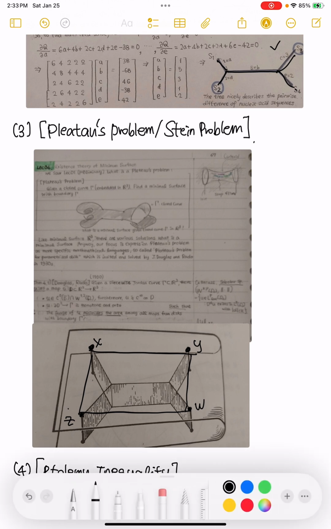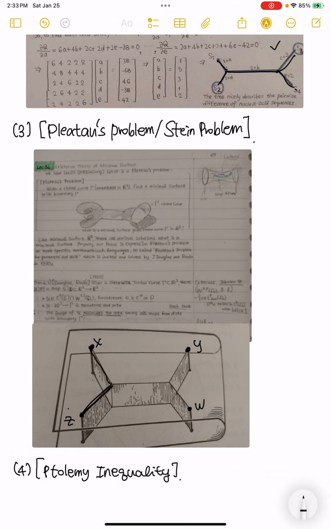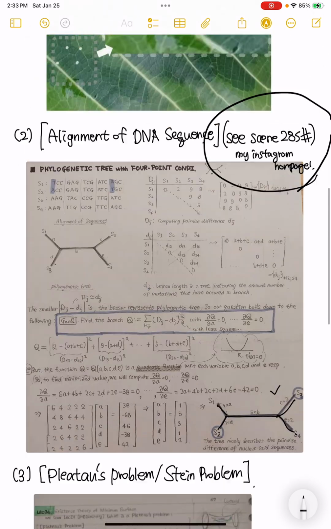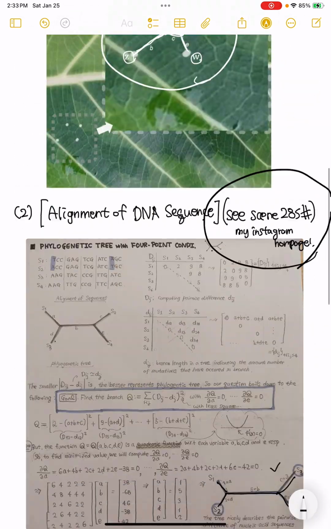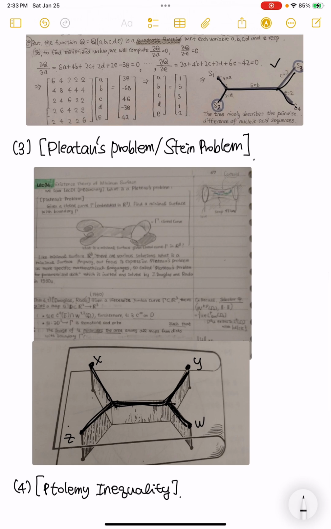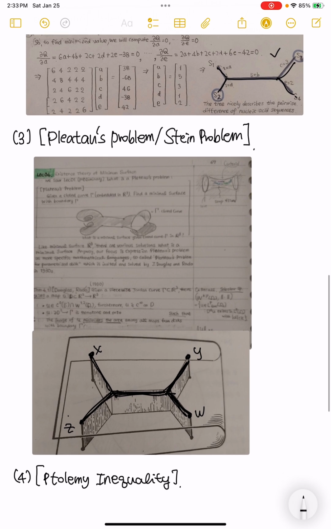But I want the shortest path between them. When you find the shortest path between every four points, that is like this.